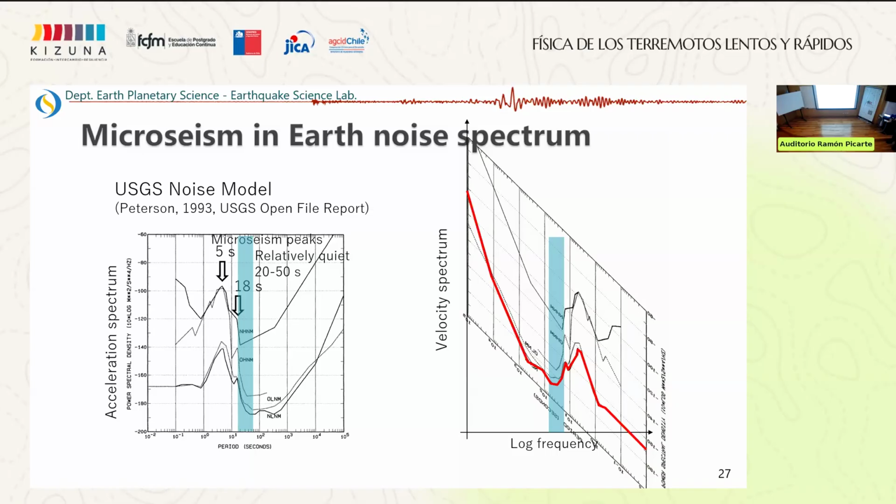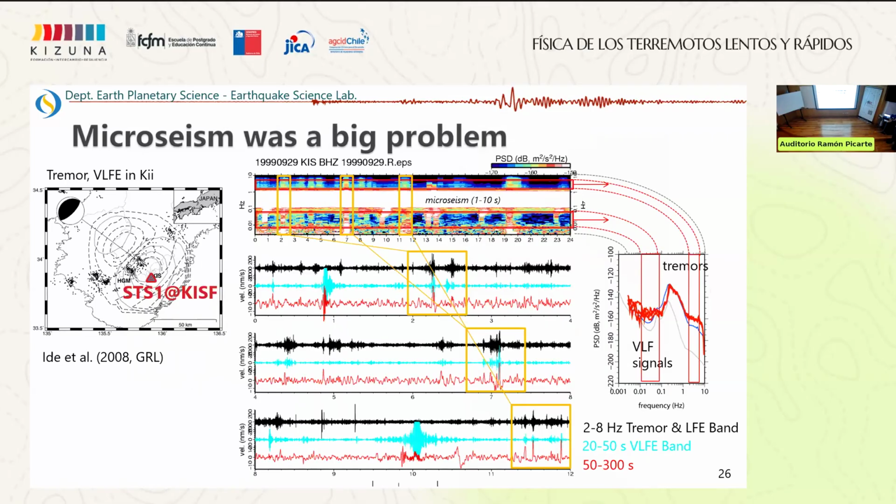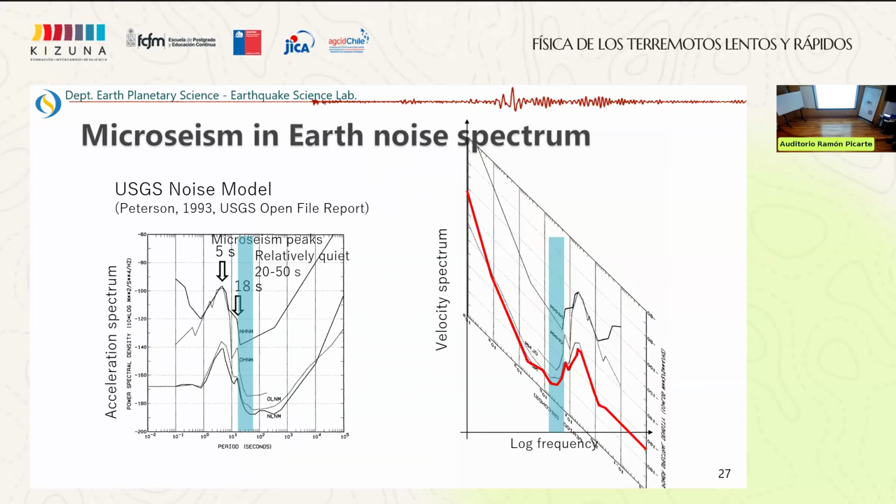To be consistent with this observation, we need to deform this diagram like this. We can observe tremor around here, and here, because of this trough of noise, we can observe very low frequency events. We can observe them simply because noise is small in just this range.